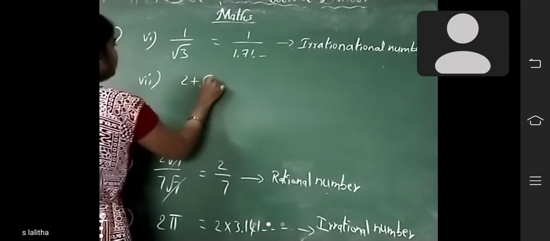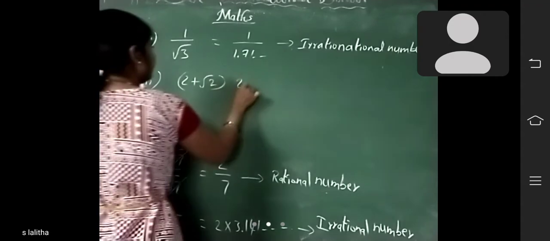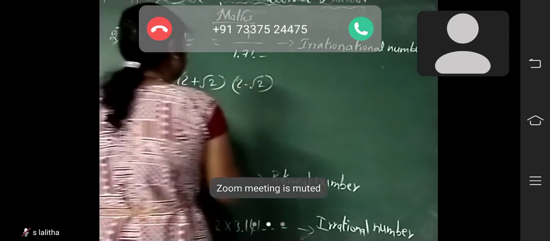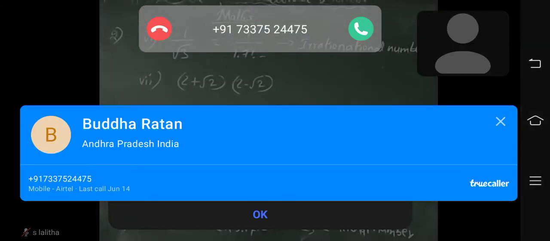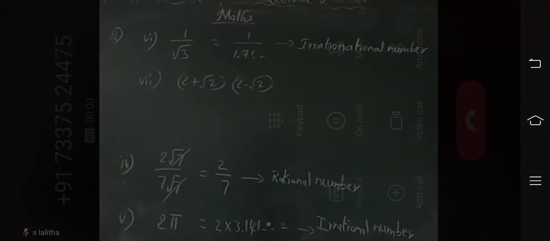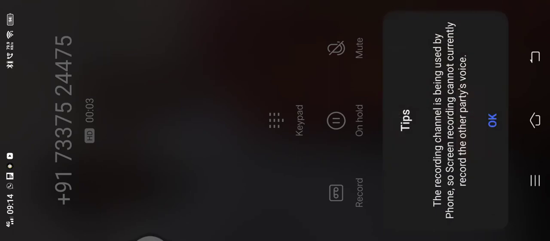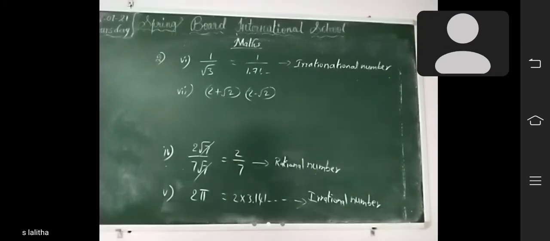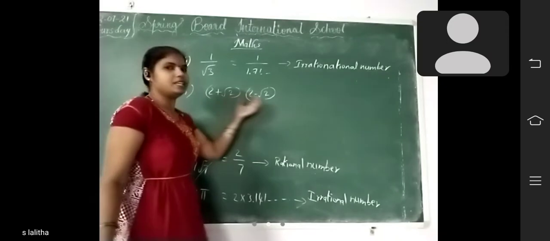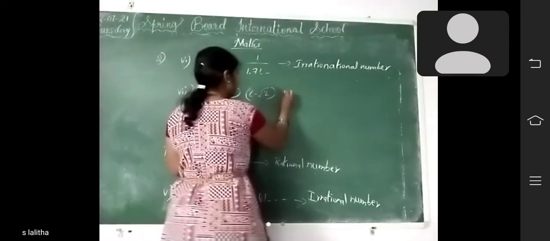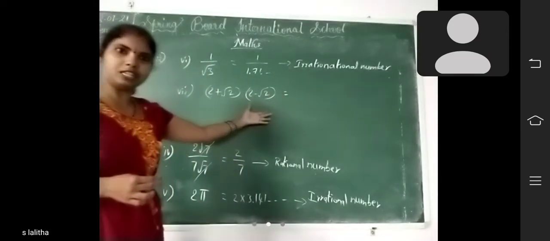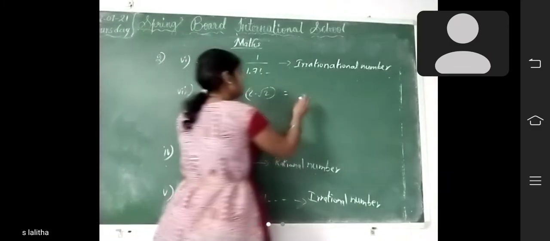2 plus root 2. Now it is in the form of a plus b into a minus b. What is the formula for a plus b into a minus b? A square minus b square.